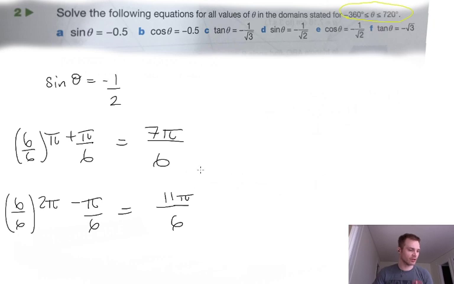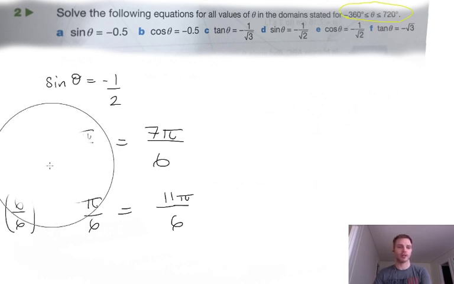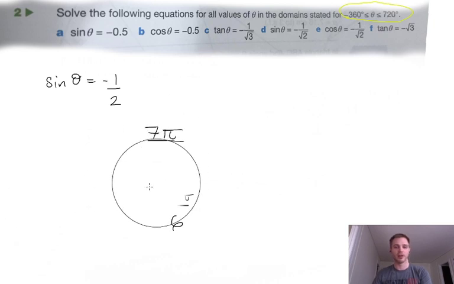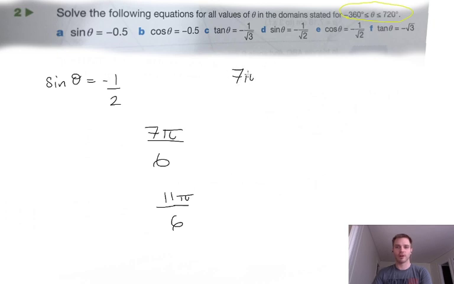And if you don't understand the idea of a reference angle, please drop that in the chat. Okay, so we have two angles here. Let's collect these guys, and then we will find the reference angles for these. So 7 pi over 6 and 11 pi over 6.